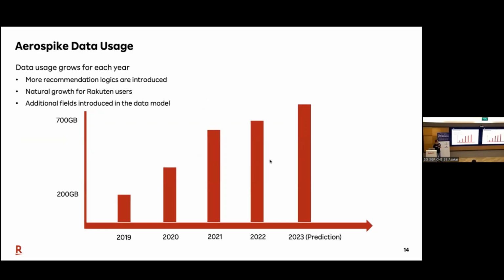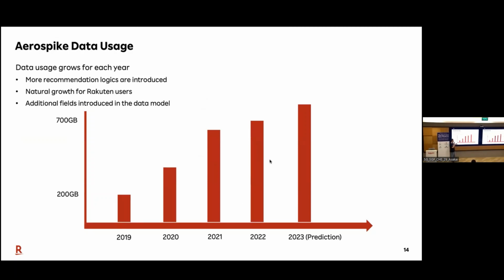Here is some information from the past. From the start, we had around 200 gigabytes of targeting data, but along the years we can see its growth. It is also because of the new types of ad models we are introducing to serve the ads.